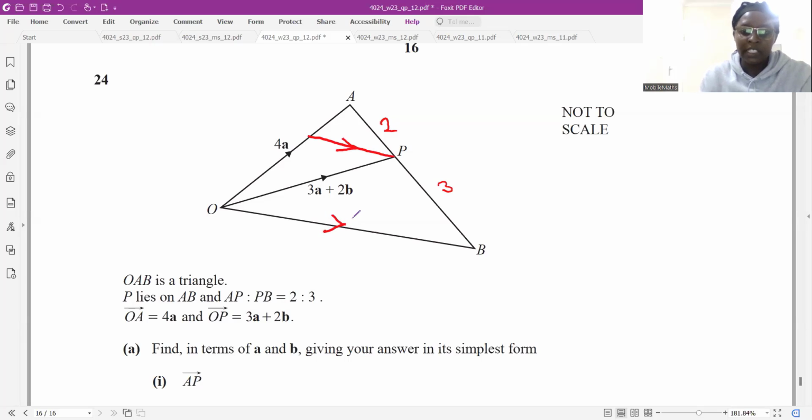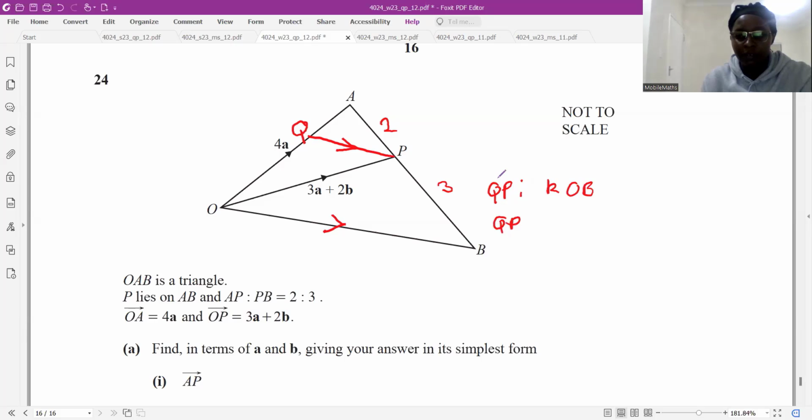We have calculated OB, so this is going to be our Q here. So we can say QP is going to be having a ratio, since they are parallel, to, like we can say KOB. So the idea is now to say QP, these are vectors, so it's equal to K.